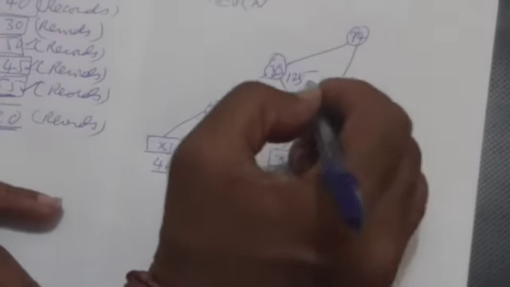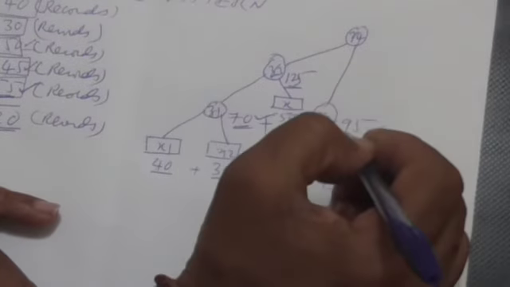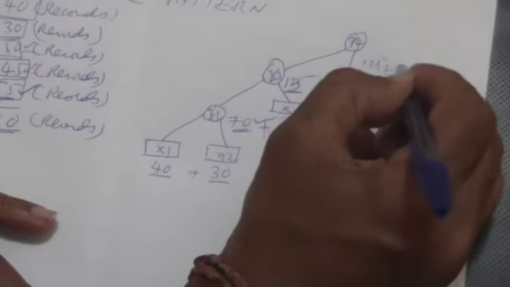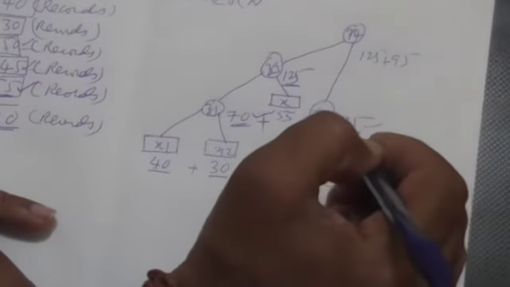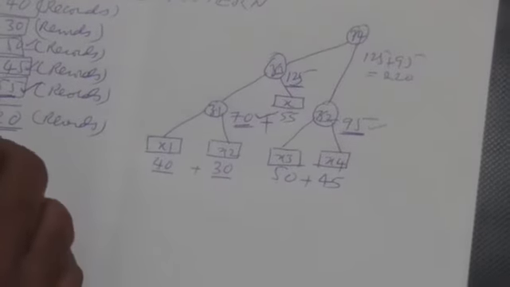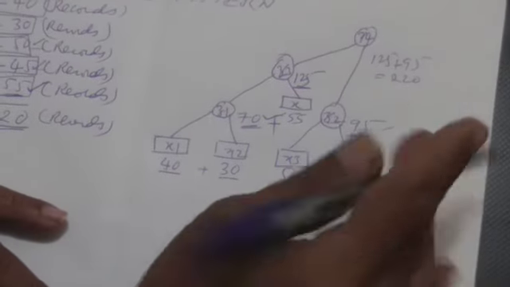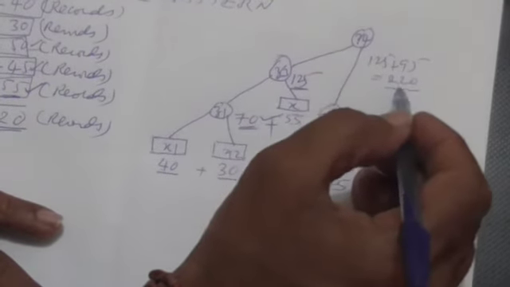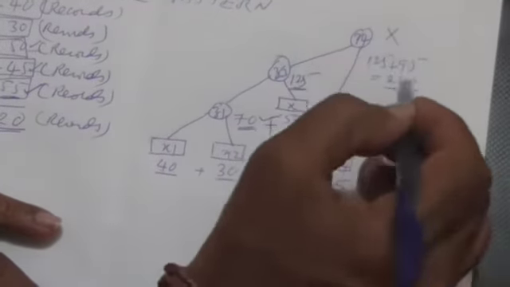So as stated, this 125 and this 95. 125 plus 95 becomes 220 records. So as stated, the number of records in the final merged file X will be 220.